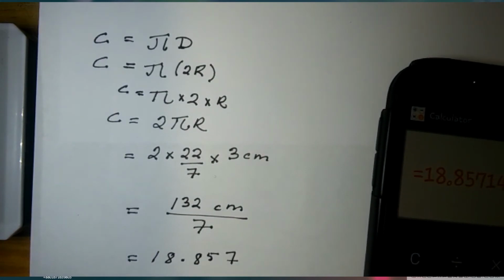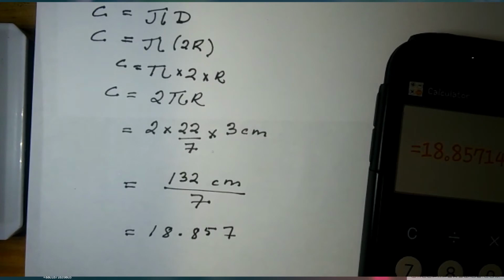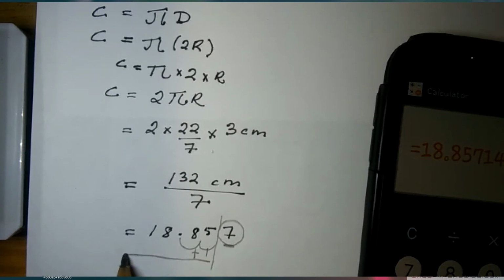So I'm going to have 18.857. If I'm rounding it to 2 decimal places, what I would do is to look for the decimal point and find the second digit behind it. 1, 2. I will establish a line right there and look at the number that comes after it. I will have to determine if this number is 5 or more, and if it is 5 or more, I would add 1 to the digit directly in front.